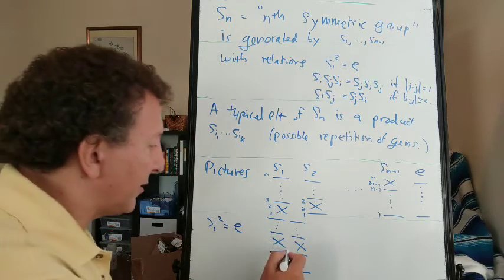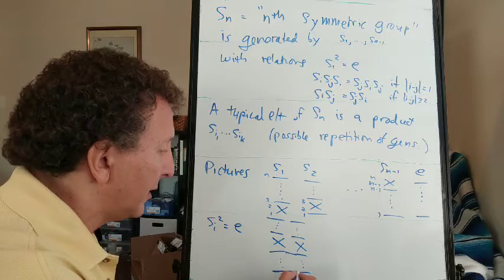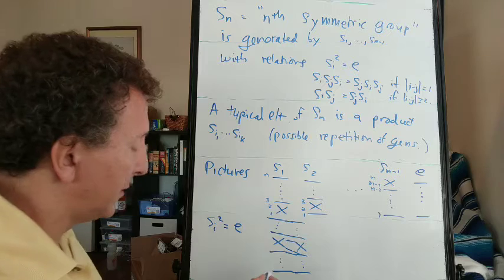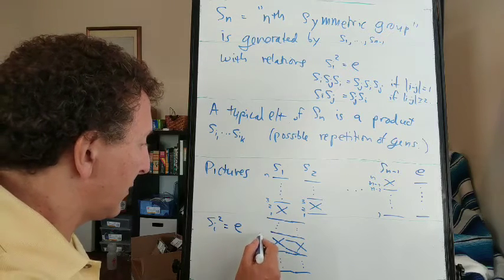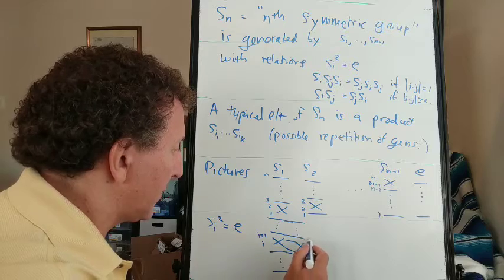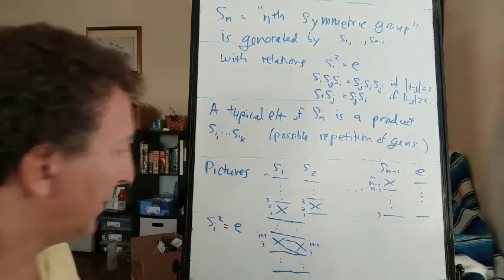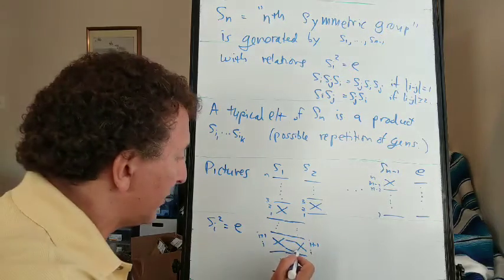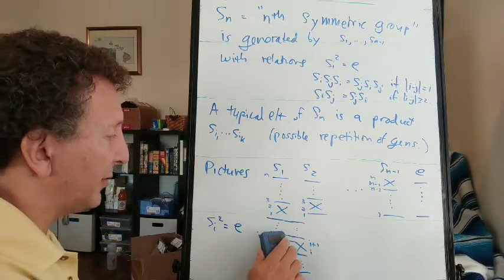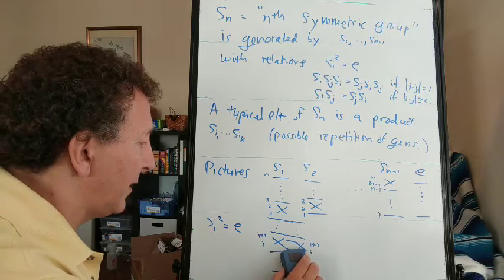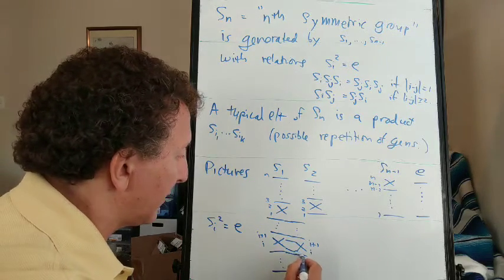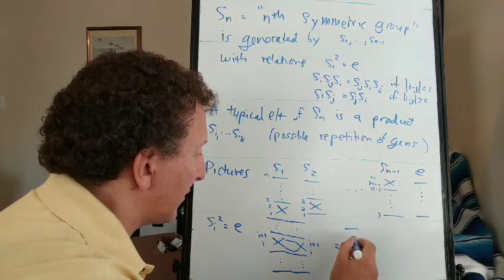So if this is any generator and we glue together the pictures, then we can see that the wire starting at i goes up to level i plus 1 and then comes back down to level i.